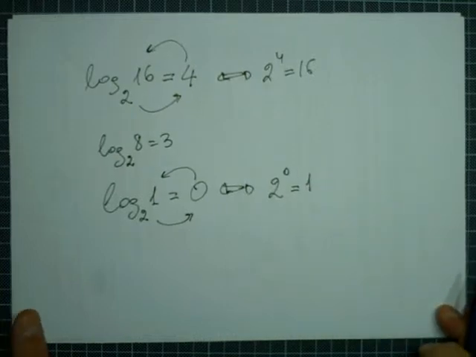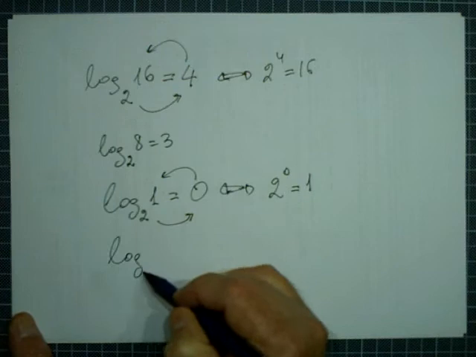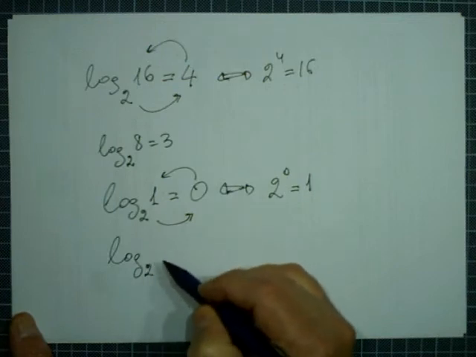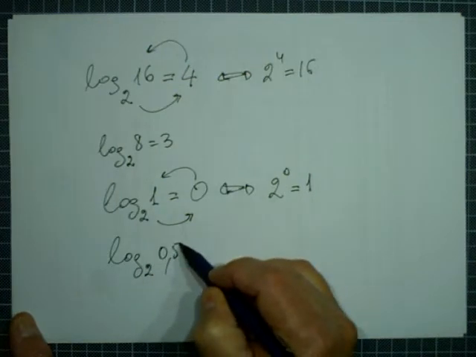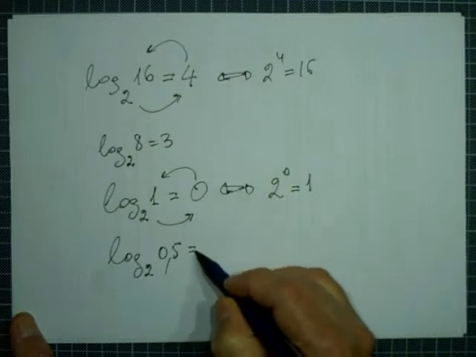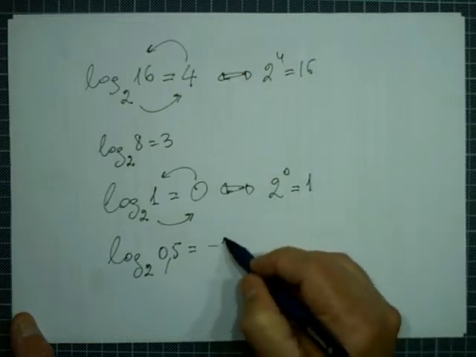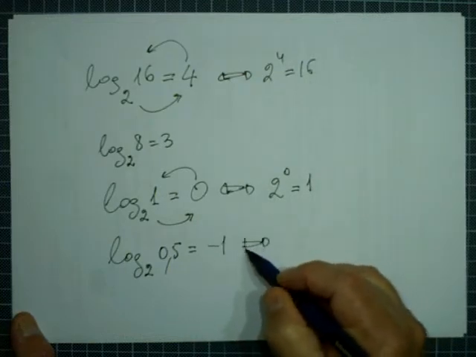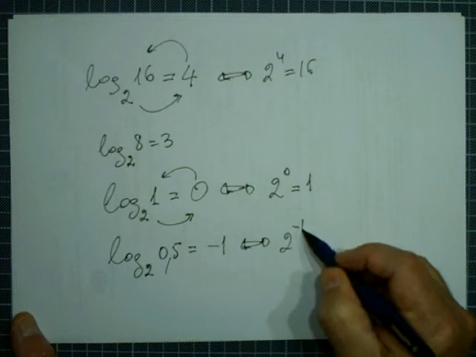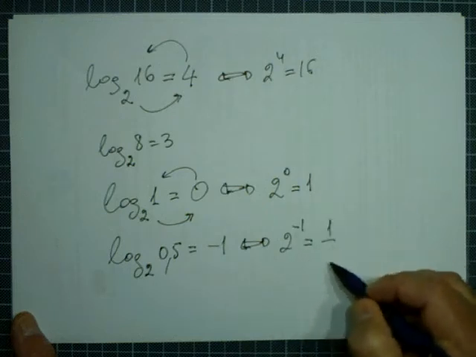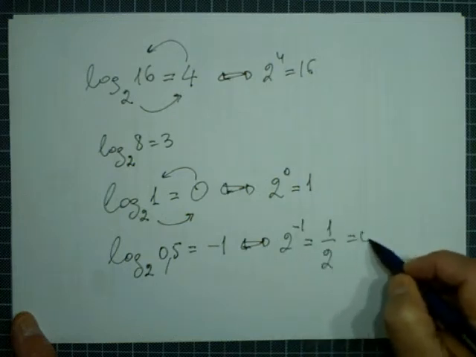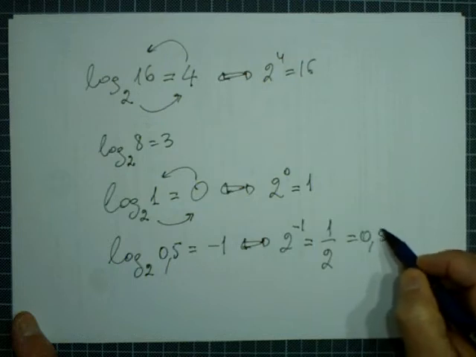Let's get to another example. Try to find logarithm with base 2 of 0.5. Okay, pause the video and try to find the answer. This is minus 1. Why? Because 2 to the power of minus 1 gives 1 over 2, which is 0.5.